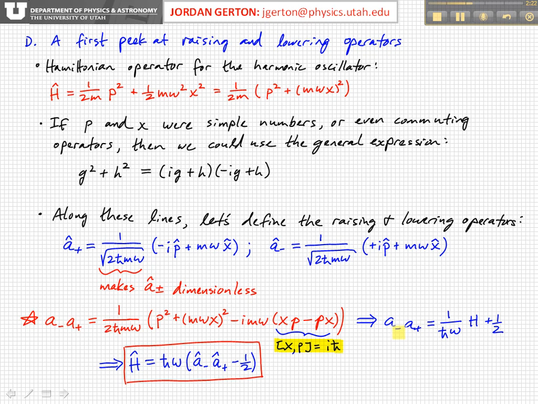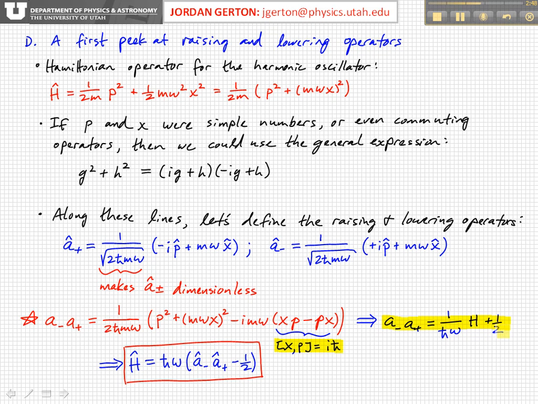If we do the factorization, remember the Hamiltonian operator h is equal to 1 over 2m p squared plus m omega x squared. So if we make that substitution here, then we get that A minus A plus is equal to 1 over h bar omega times the Hamiltonian operator h plus a number, a half.